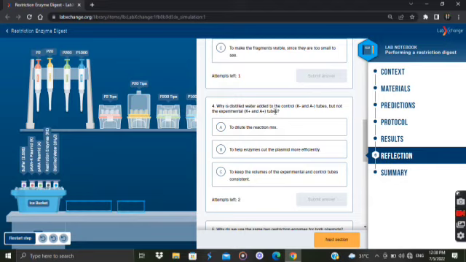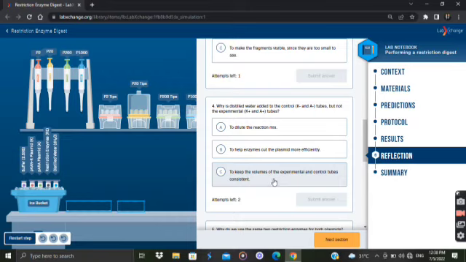Why is distilled water added to the control K negative and A negative tubes, but not the experimental K positive and A positive tubes? Distilled water is usually added to the control tubes to keep the volumes of the experimental and control tubes consistent, because we are going to microcentrifuge the samples.